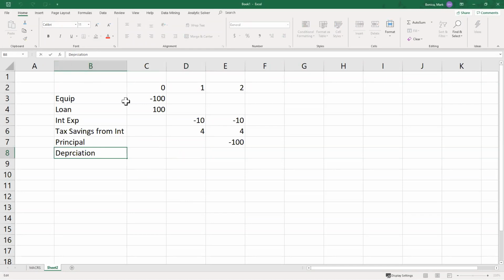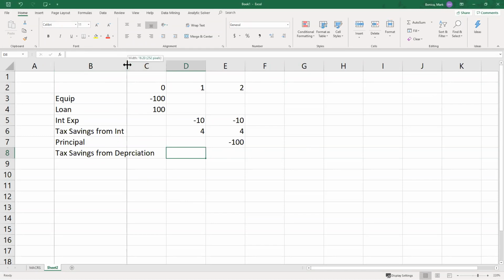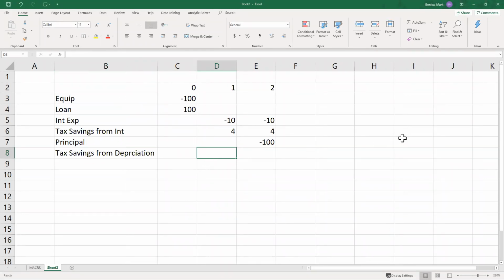This is not depreciation, but tax savings from depreciation. So if we depreciate our $100,000 asset over 2 years, and we do straight line, each year we're going to get $50,000 in depreciation, and the tax savings from that is going to be 40% of that because our tax rate is 40%.